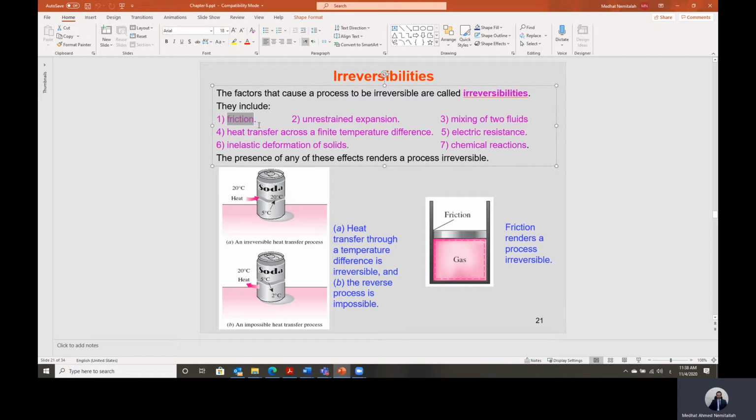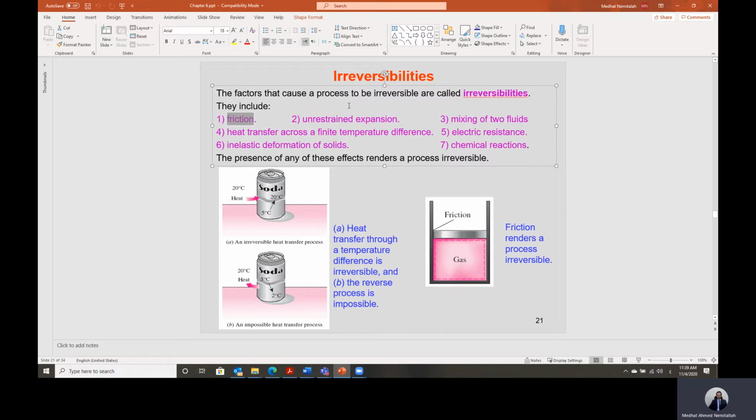So we have friction with any kind of motion. Any kind of motion should result in friction losses. Also, we have unrestrained expansion, like if we are deforming a solid substance like steel, we cannot return it to the original shape unless we apply certain processes: we have to melt it first and then reshape it back.